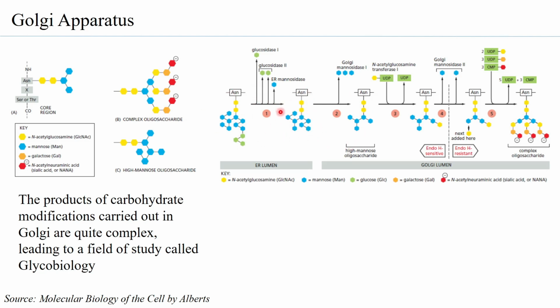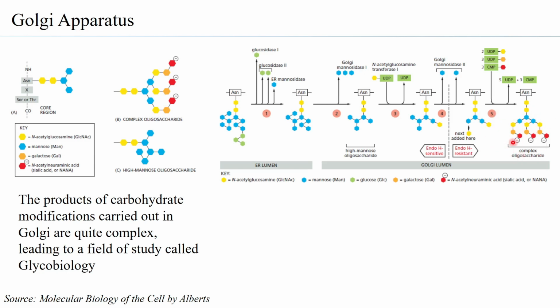So at this stage, what you have is a high mannose oligosaccharide. Now that high mannose oligosaccharide can further be trimmed, or you can have phosphates added to this, and so on. And with every cisterna, you can have a complex oligosaccharide being formed.